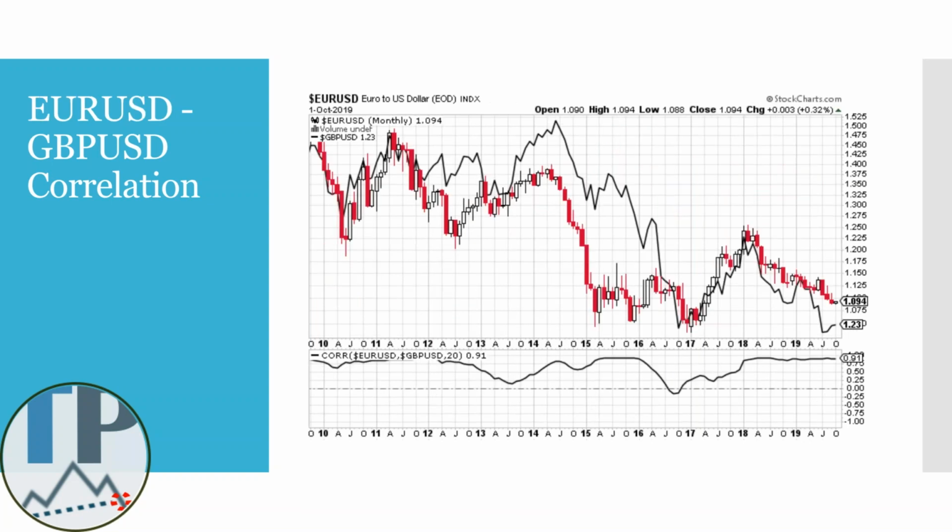Okay, now in this next example, where you have two currencies that have the US dollar as their denominator, the euro US dollar and the pound US dollar, you do have a much higher correlation as expected, and it only goes below zero briefly in Q3 2016. That's to be expected.